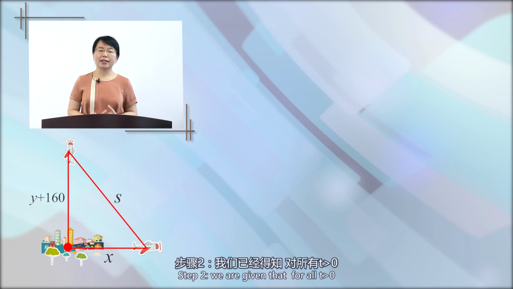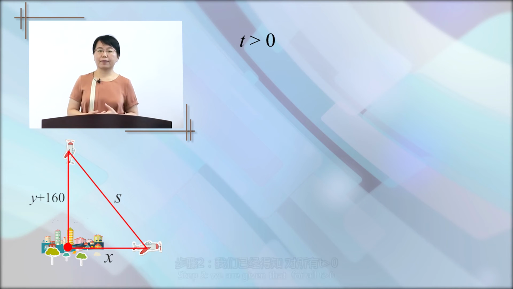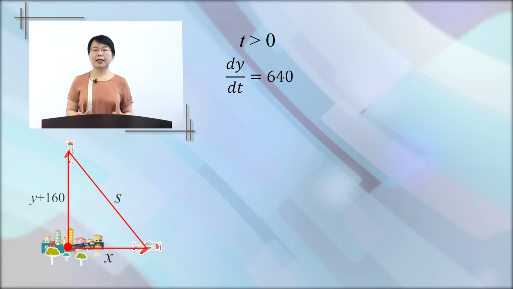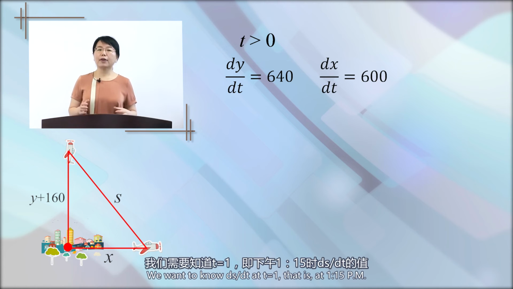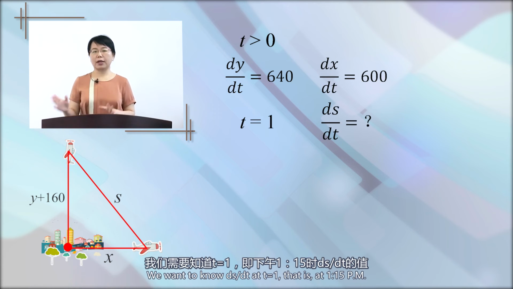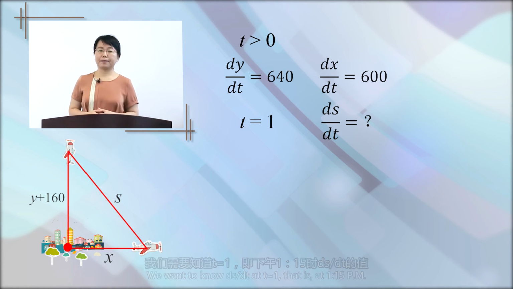We are given that for all t positive, dy/dt is 640 and dx/dt is 600. We want to know ds/dt at t equals 1, that is, at 1:15 p.m.